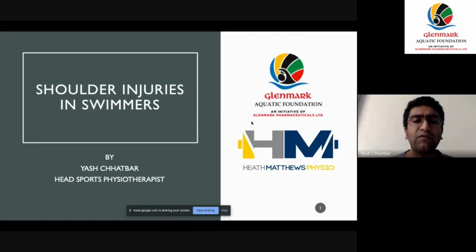Basically, we're going to focus on the rotator cuff muscles. You all would have heard a lot from physios like me that this is a rotator cuff injury. That is one of the major areas where injury occurs. The other thing we are going to focus on is swimmer's shoulder. These are the two primary injuries found in 90% of the cases of shoulder problems in swimmers.